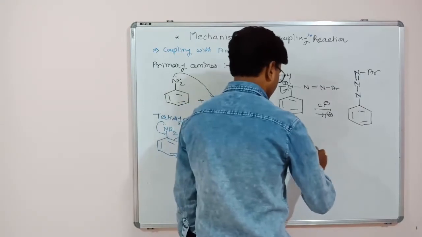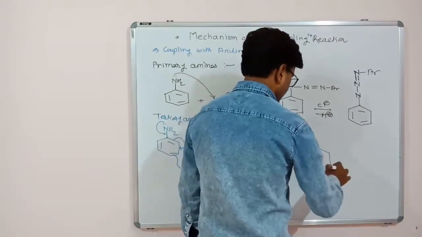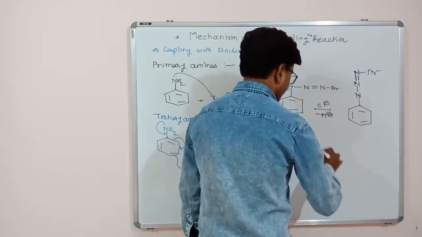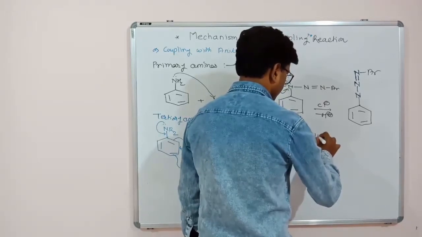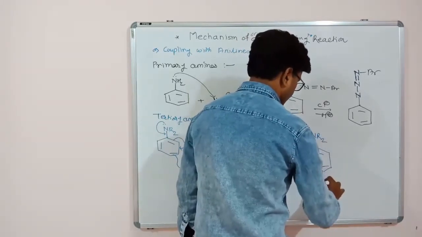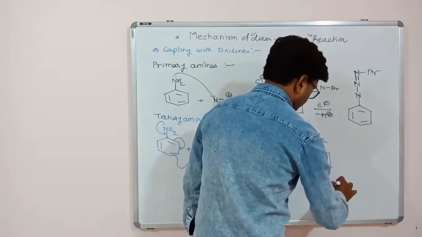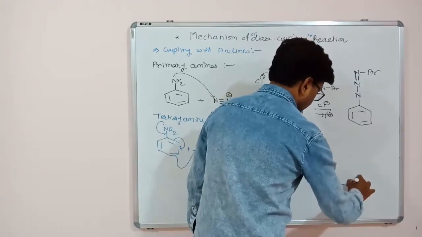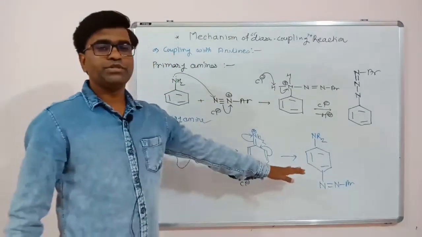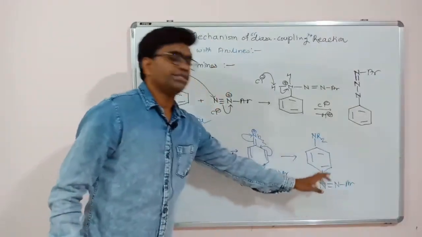So we will get a compound that is para-azo compound. So at the para position there is an azotization.